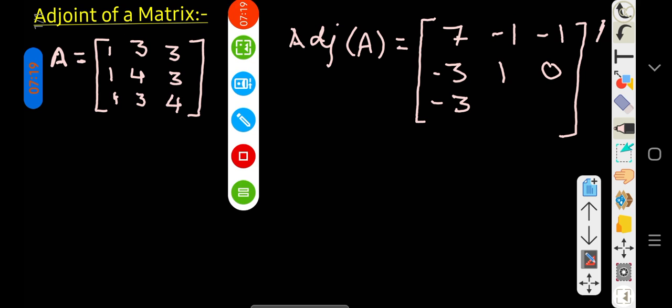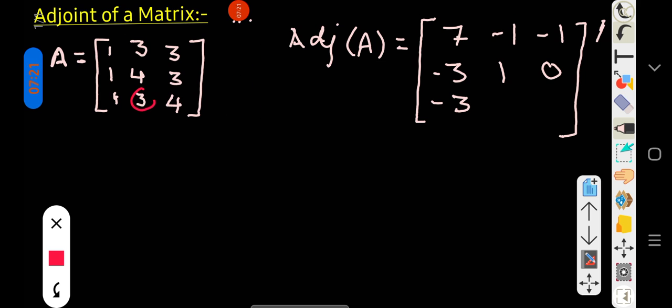Now let's get the cofactor of this 3. Again we have to exclude the last row, the third row, and the second column, right?